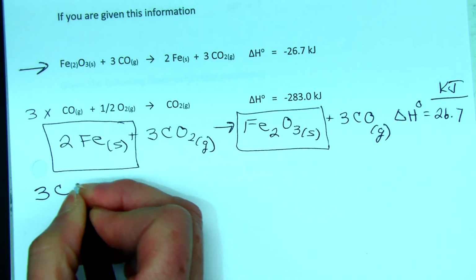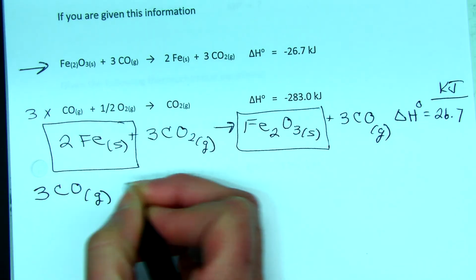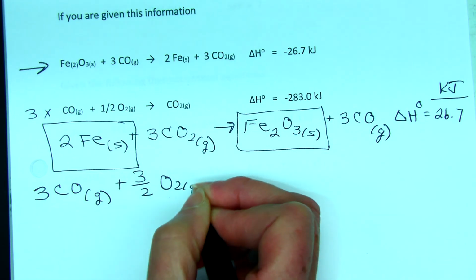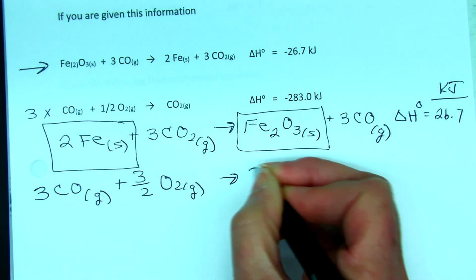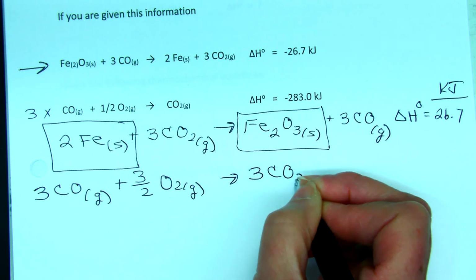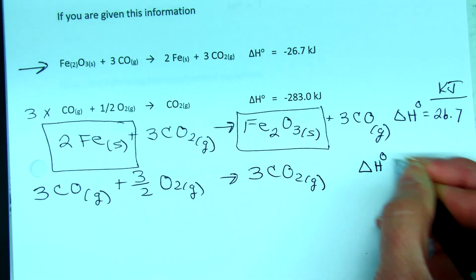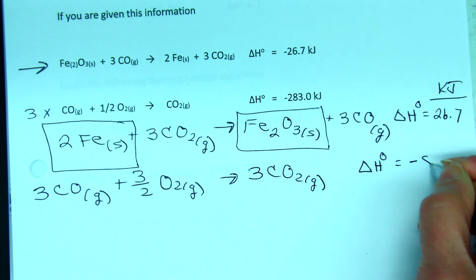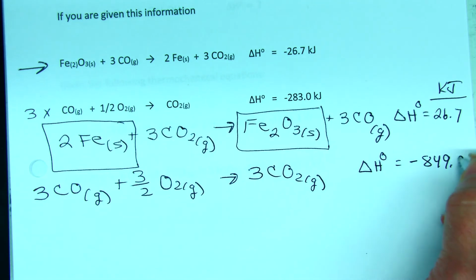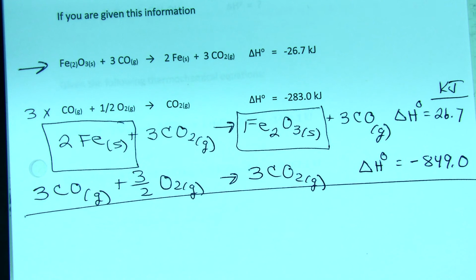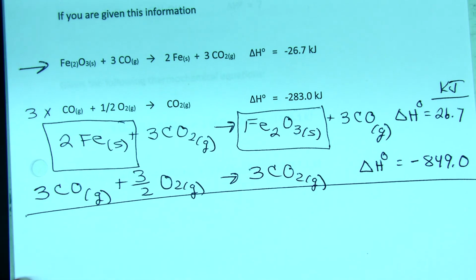So I now get 3 carbon monoxide plus 3/2 oxygen gas yields 3 CO2 gas. And delta H0 for that, I multiply the number I had by 3, negative 849.0, with units of kilojoules. So remember, in this chapter, again, really important to put those subscripts in there.